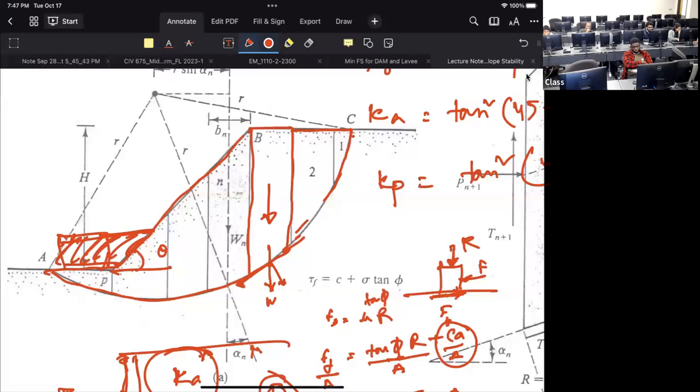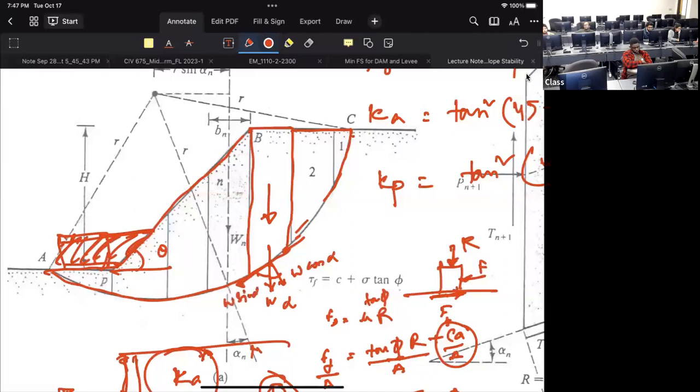But what is this angle? This angle is not connected with the theta. That's a different angle, and for each slice this angle is changing. This angle is known as alpha. So for each slice, we need to calculate the weight, then W cos alpha and W sin alpha.